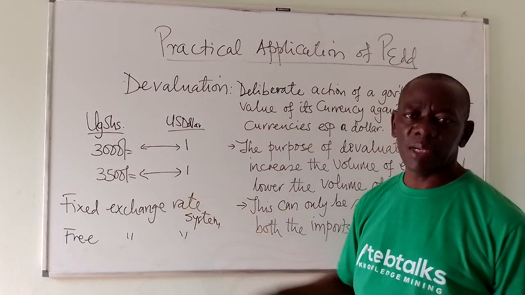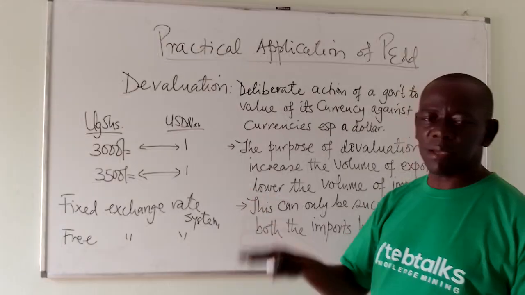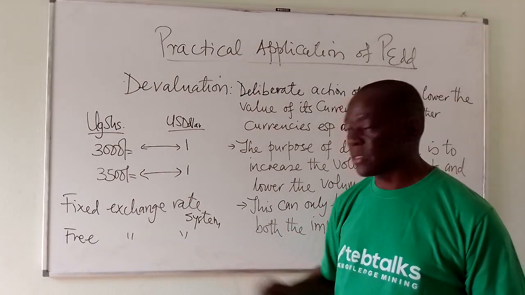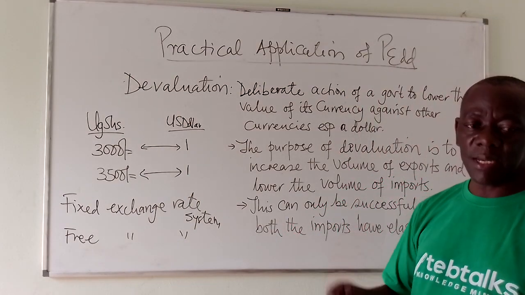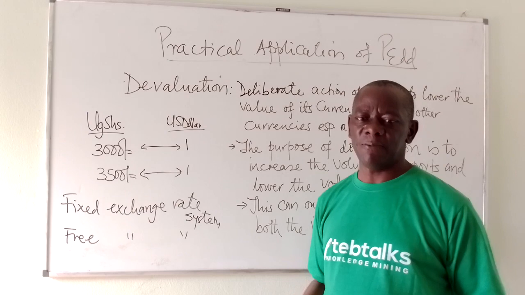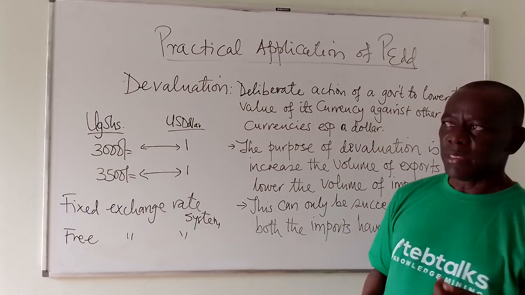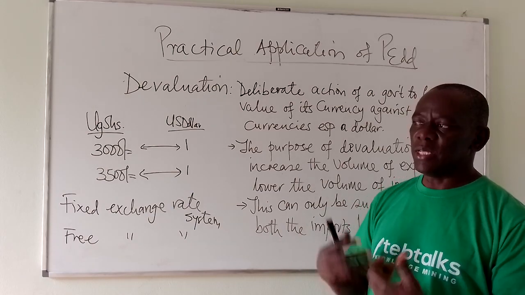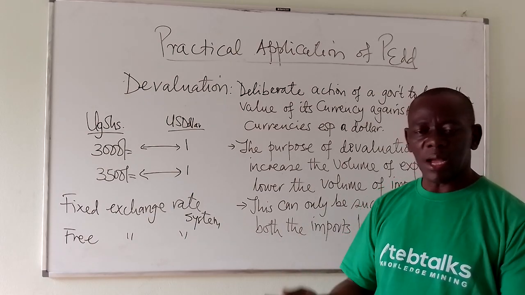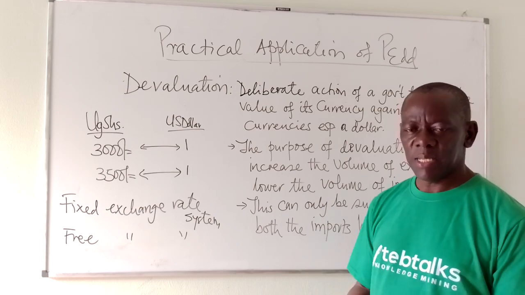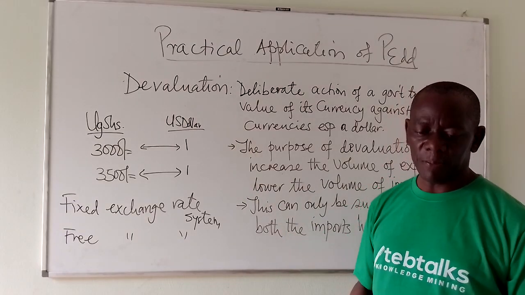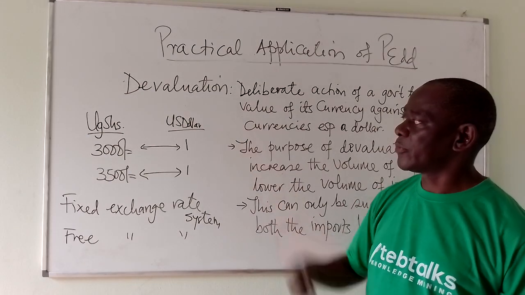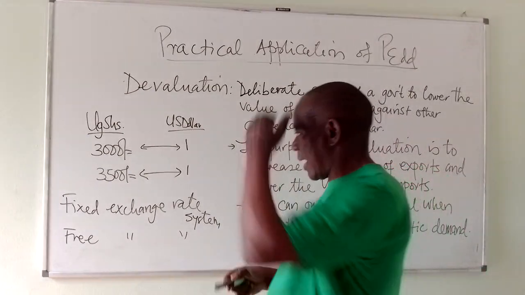This one is not a deliberate action. Forces of demand and supply are the ones determining the exchange rate. So in a free exchange rate system, we say the currency has depreciated. So in the Ugandan situation, the currency appreciates or depreciates, but there is no devaluation. But there are countries with a fixed exchange rate system, and that's where devaluation will work.